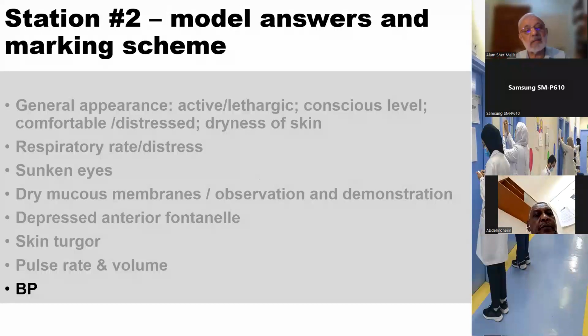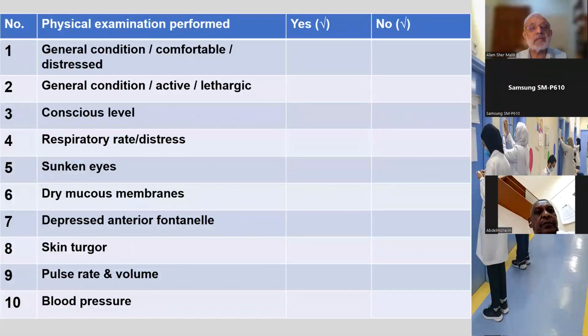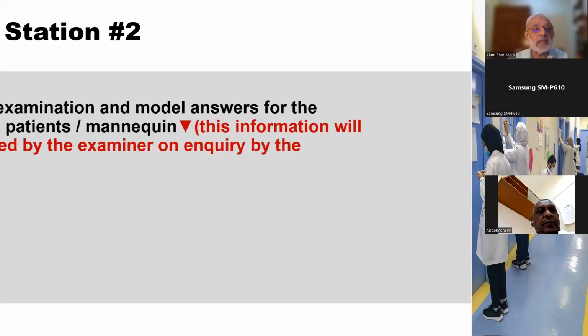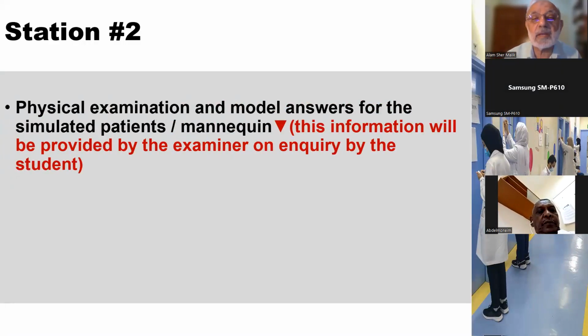So this is what is expected of a student at this station. And based on that, the marking scheme would be prepared, and the examiner again has to take yes or no. And then the physical examination and model answer for the simulated patient.